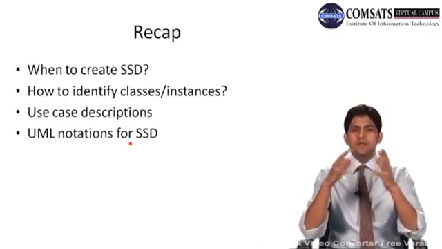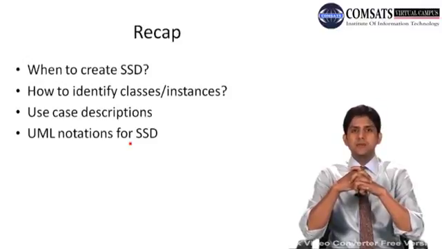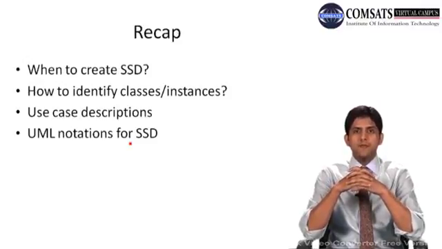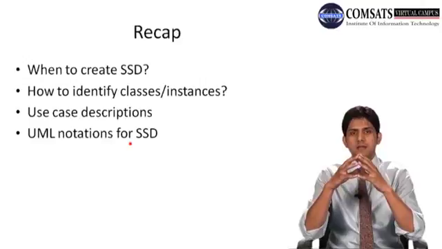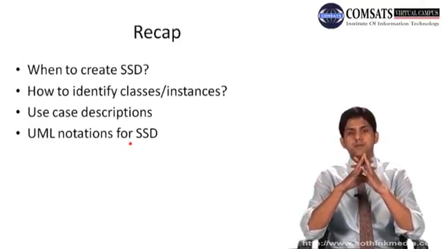One very interesting question which I thought we should discuss is: when do we need to create system sequence diagrams? If you remember, we discussed that normally the first thing that you create, as a requirement engineer or software engineer going to gather requirements, is maybe the use case diagrams.